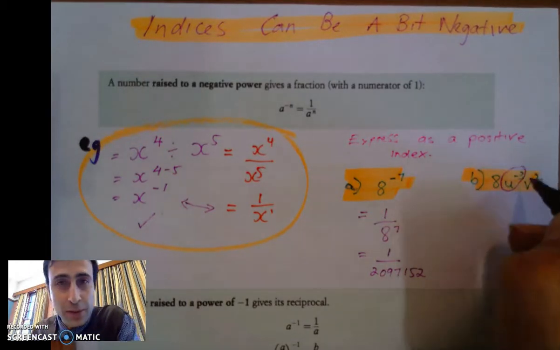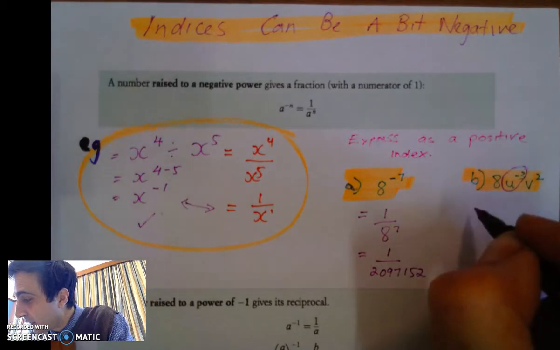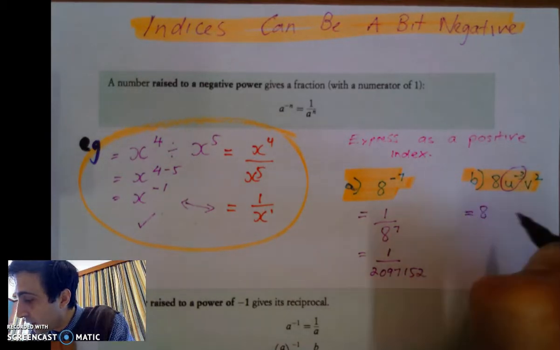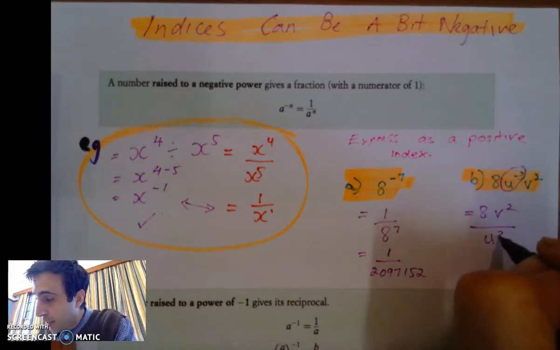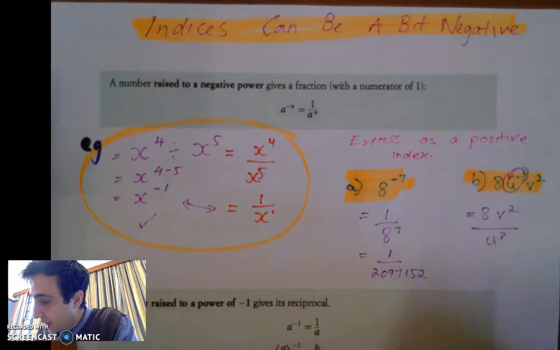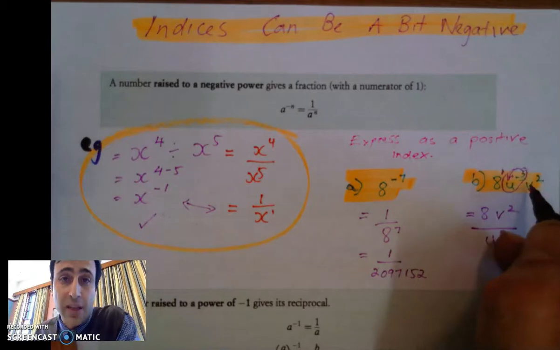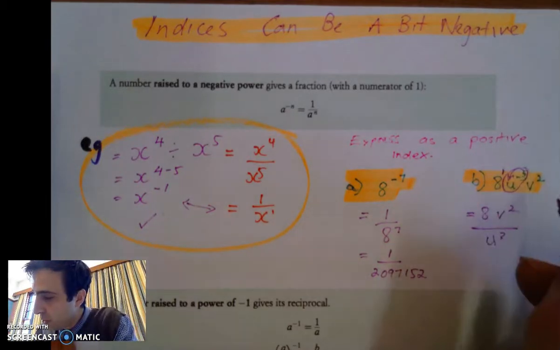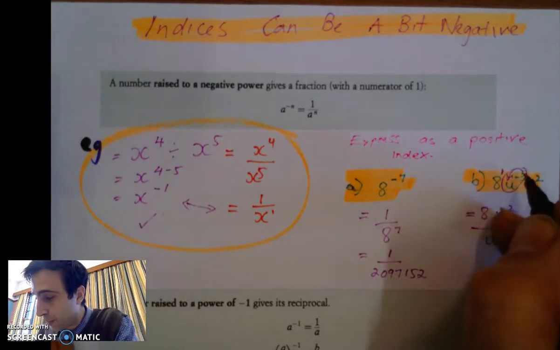So another way of writing this would be 8 v squared over u cubed, because the negative only belongs to what's directly in front of it. The 8 to a positive 1 and the v squared are positive powers, so they stay up the top, whereas the u to the minus 3 goes down to the bottom.